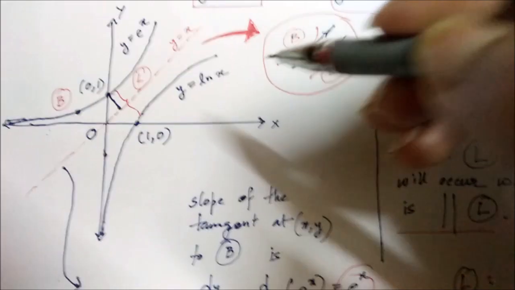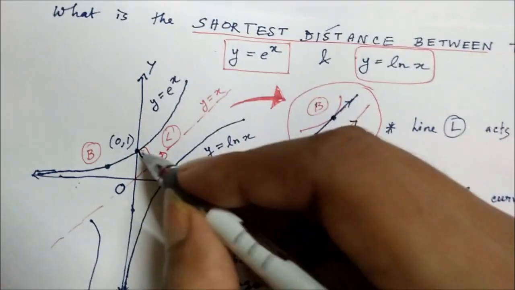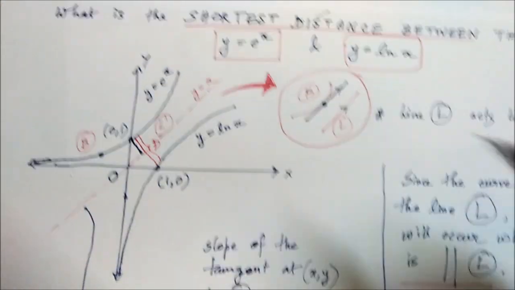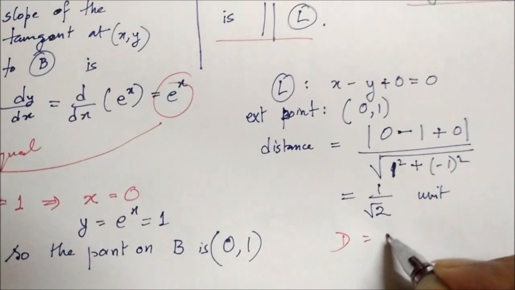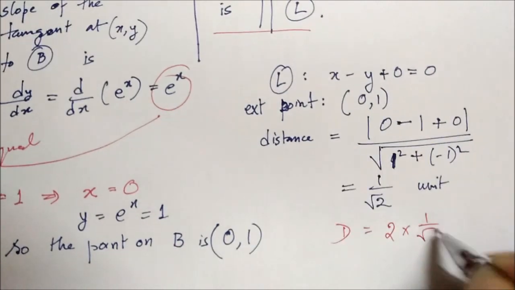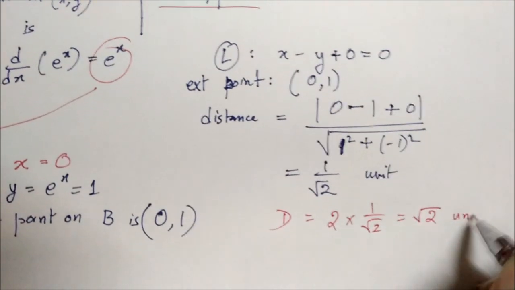So when we talk about the total distance which we want, which is our d, it's obviously double, so d equals 2 into 1 by root 2, that is just root 2 units.